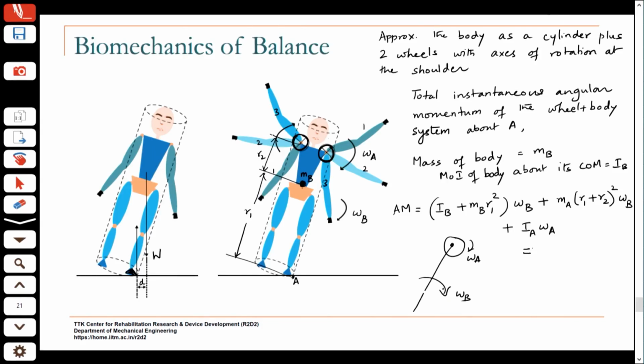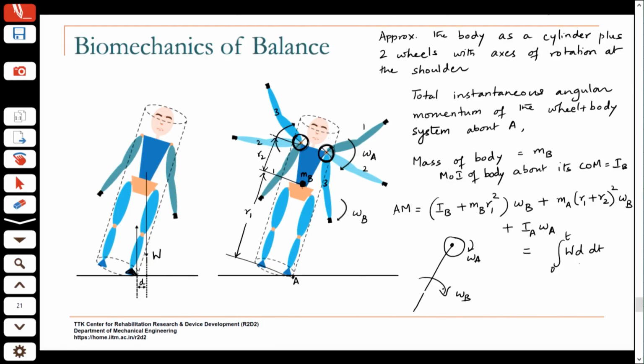Okay. So if this is the final angular momentum, let us say it starts from 0 to t, this is the integral of WD dt.